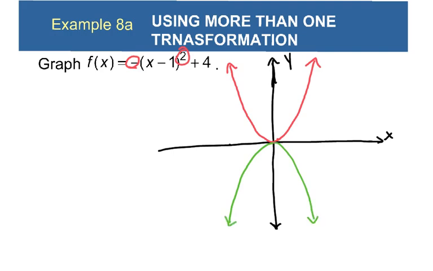And then we're going to shift it over to the right 1 and then up 4. And that's what both of those are telling us. So I'm going to plot me a point on this graph. So 1, 2, 3, 4 up and over 1. So my vertex of my graph is going to be right here.